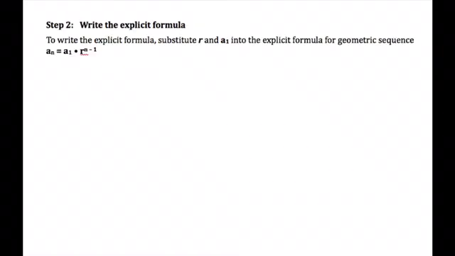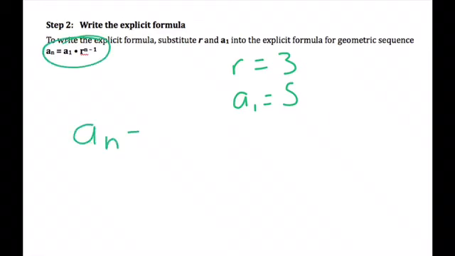Now we want to write our explicit formula. Remember that R was 3 and A sub 1 was 5, so we're just going to plug that right there into our explicit formula. A sub n equals A sub 1, which is 5, parenthesis, I'm going to run out of space here, so I'm going to erase that.